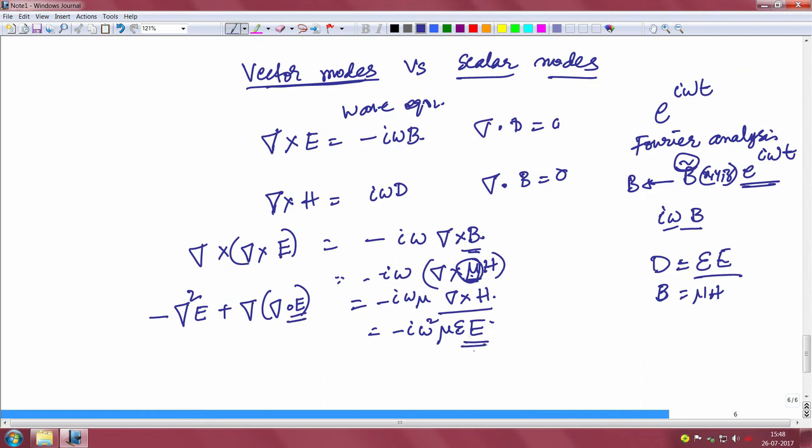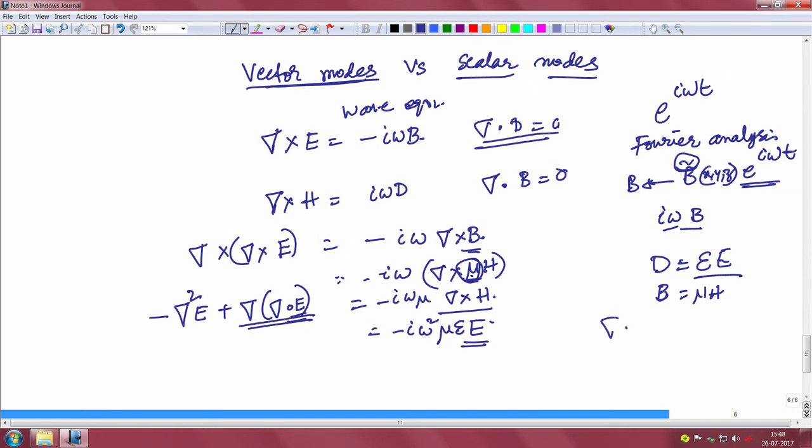Of course, we have made a few assumptions: that the medium is uniform and the electric field is not coupled to the magnetic field. We can further simplify by using this equation.